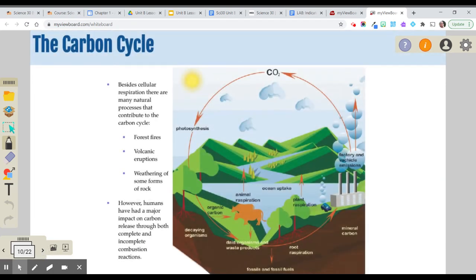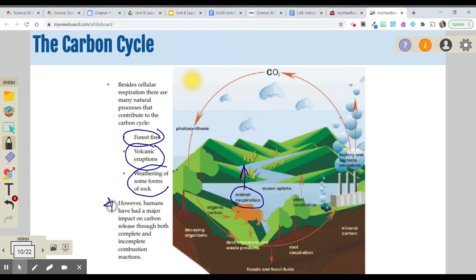All right, so the carbon cycle. So besides cellular respiration, there's many natural processes that contribute to the carbon cycle. So not only is there animal respiration that adds carbon dioxide to our atmosphere, but we also have forest fires, volcano eruptions, and certain rocks, when they get weathered, release carbon dioxide as well.